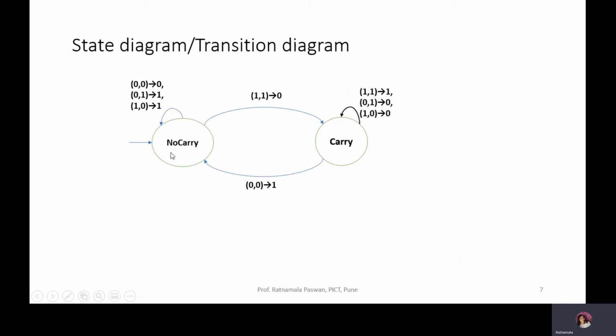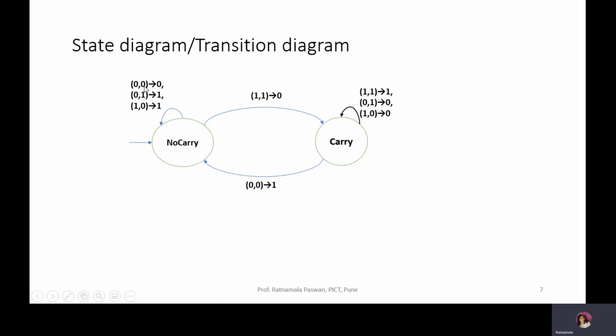So let us start with the initial state, no carry. No carry means the third bit will be considered as 0. So remember, it is not an addition of only 2 bits; a third bit will be taken depending on the state.